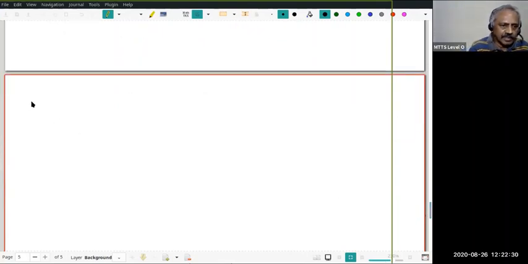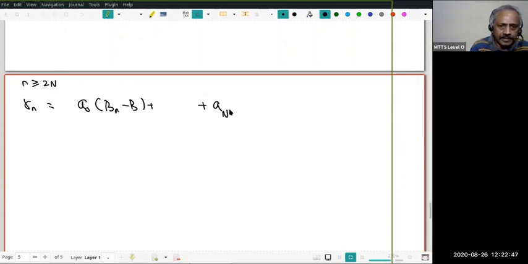Now let's look at gamma_n. Assuming n is greater than or equal to capital N, this is a mythical capital N, I don't know which N. Keep that in mind. So this is a_0 times b_n minus b, plus and so on, up to a_N times b_{n-N} minus b. Up to this is all right because the bracketed b terms are easier to estimate for me.